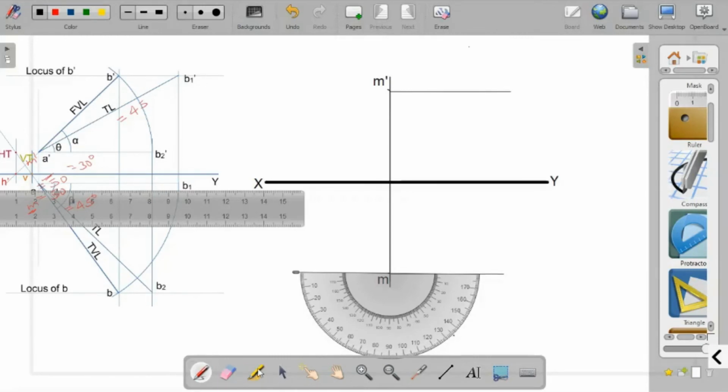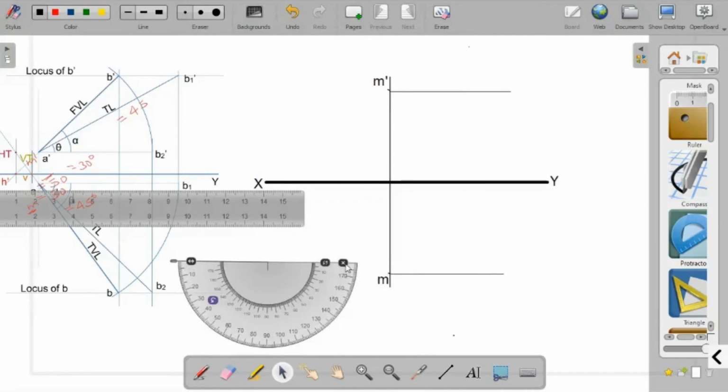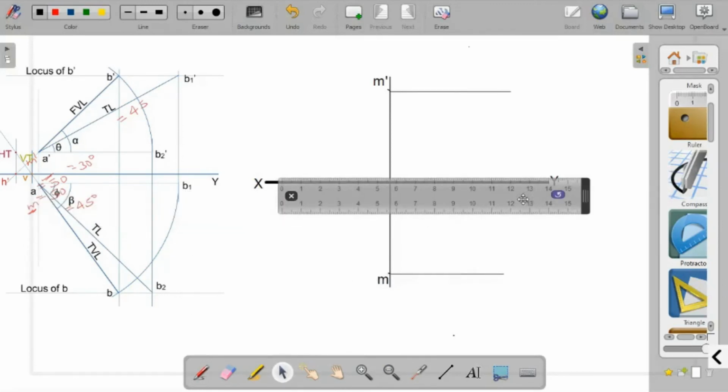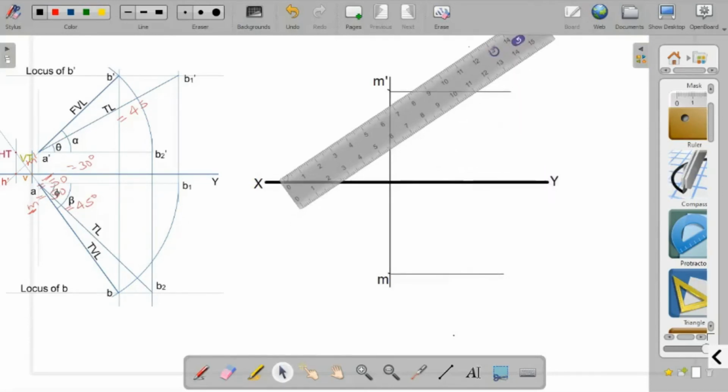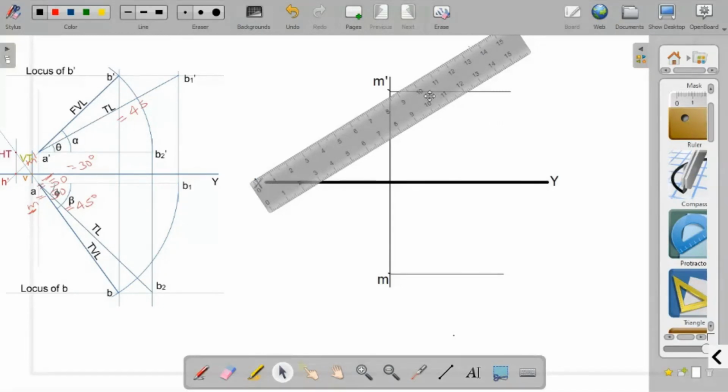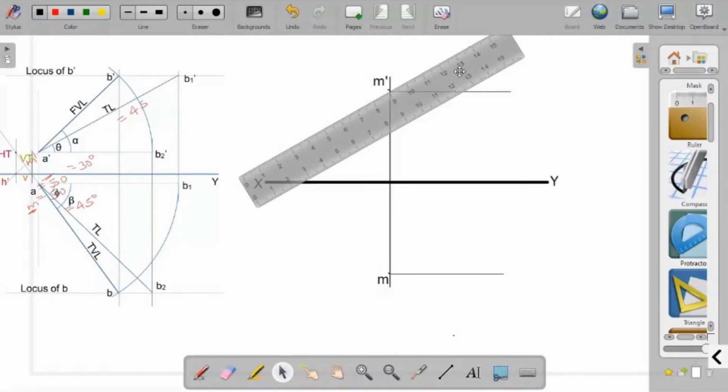So now join these two lines, I mean those two points, to 45 millimeter. 1, 2, 3, 4, 45 millimeter.